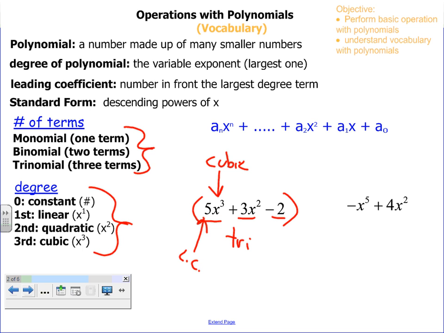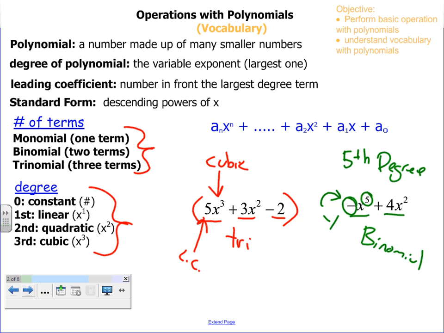Look at the second example. This is a binomial, and since the 5th power is the largest, we call this a 5th degree binomial. Leading coefficient, -1. That's how we want to look at those numbers.